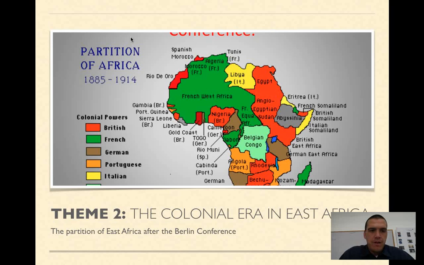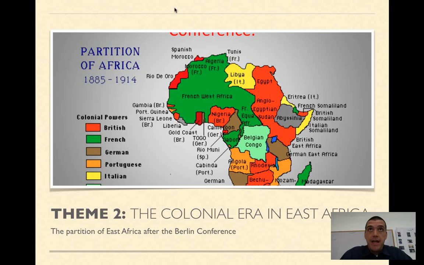However, it got cut off here, but you see this area here where modern-day Ethiopia is on the map. It's called Abyssinia or something. That means neutral or independent. Why? Because Ethiopia, for years, was actually able to resist colonial control.